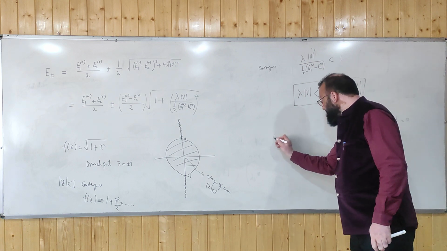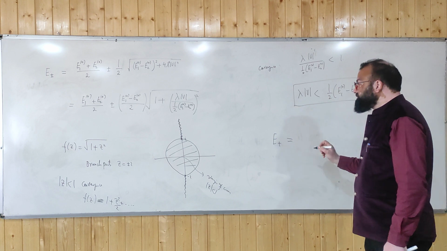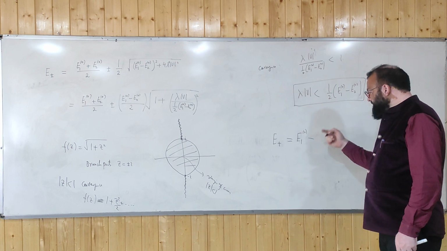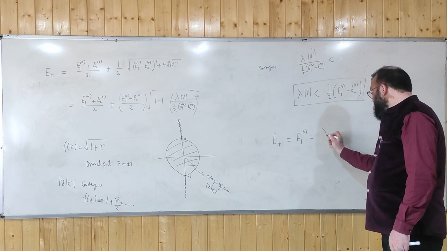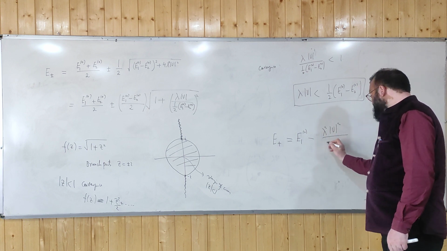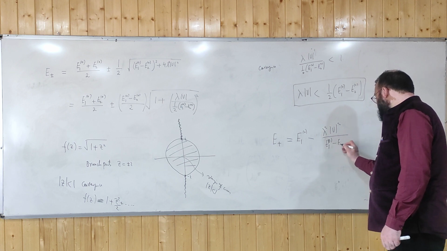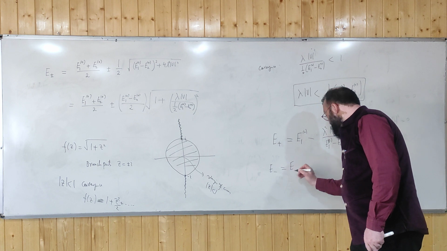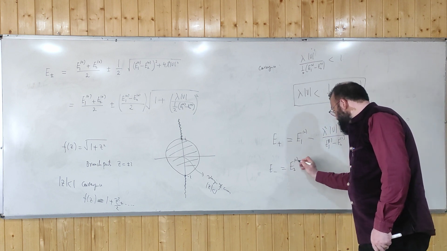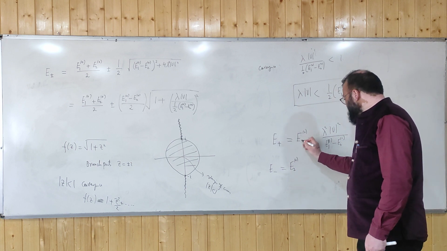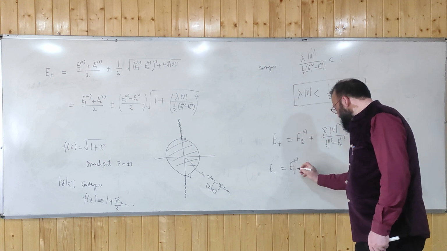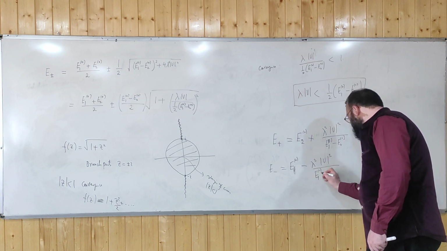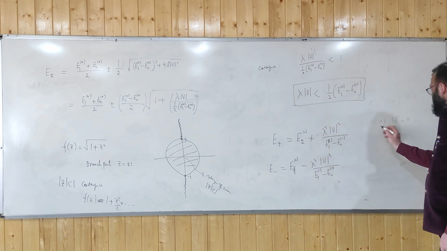Then you can calculate these energy levels. So E plus will be, let's say, E1 naught plus some lambda square mod of v square divided by E1 naught minus E2 naught kind of thing, and then E minus, I have written wrong, so let's take this as E2 plus, and this will be E1 minus, so minus lambda square mod of v square divided by the same. So these are the two levels.